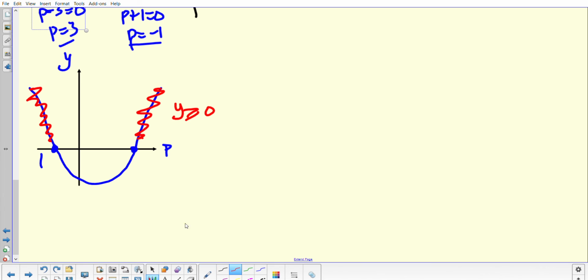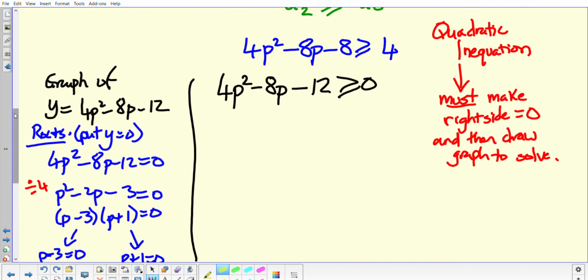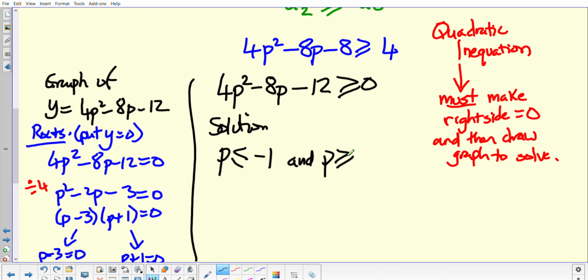So what does that mean in terms of our solution? And remember, it is the x's, or in this case the values for p, which go with that. So the shaded bits represent your solution for that inequality. So what you need to write down, your solution, and you've got this split solution, you've got p less than or equal to -1, and you've got p greater than or equal to 3, and that would be it.